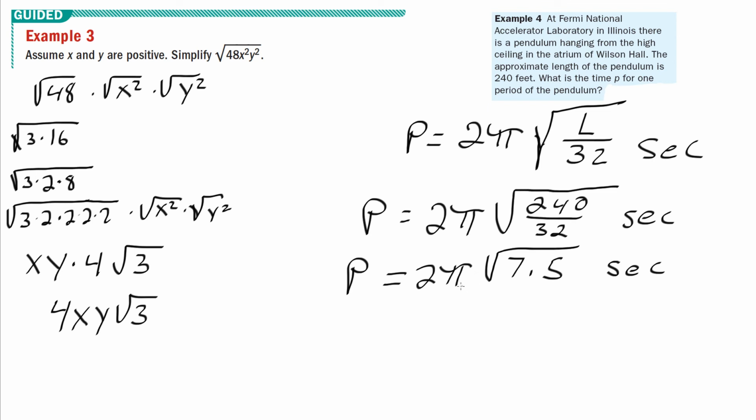But when we talk about time, we can approximate it generally, and we'll approximate this to the nearest tenth. And so in this case, we'll have 2 times, remember to use your pi symbol, not 3.14, 2 times pi times the square root of 7.5, and that tells us that the period is approximately 17.2 seconds.